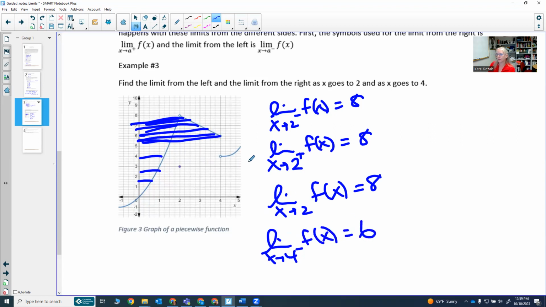While traveling on the graph from 5 towards 4, the y values tend towards 4. So therefore the limit as x goes to 4 from the right of f of x appears to be 4. Notice the limit from the left and the limit from the right do not tend towards the same value. This means that the two values do not meet and the limit does not exist.